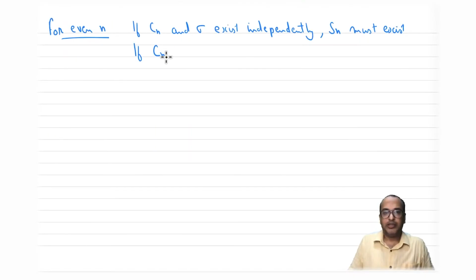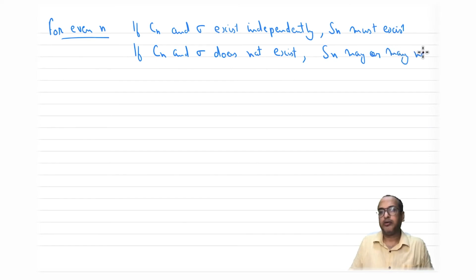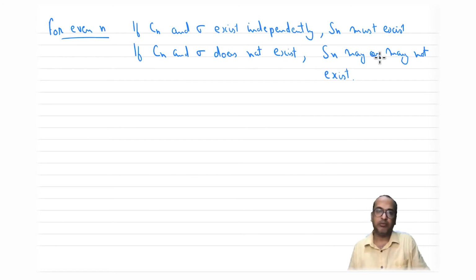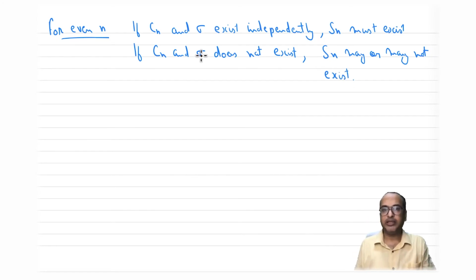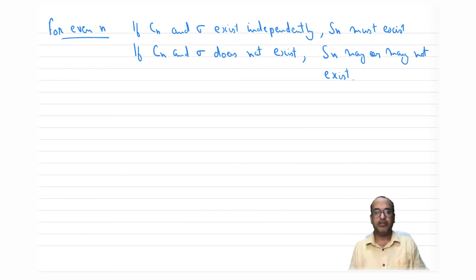If Cn and sigma do not exist, Sn may or may not exist. So we have to actually do it and test. There is no rule which says that it must exist or must not exist. If Cn and sigma do not exist, we have seen this example.